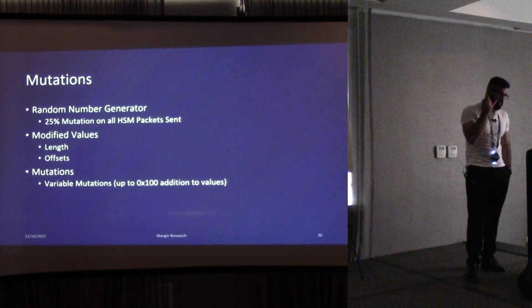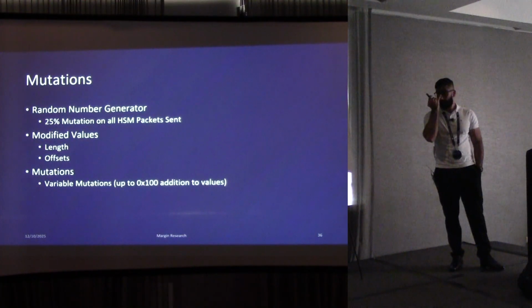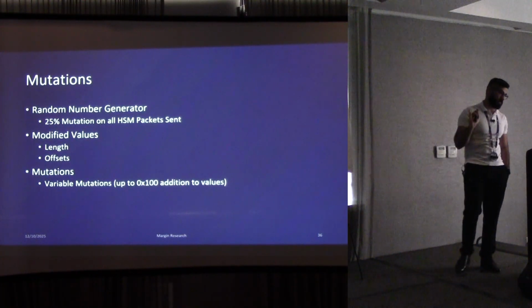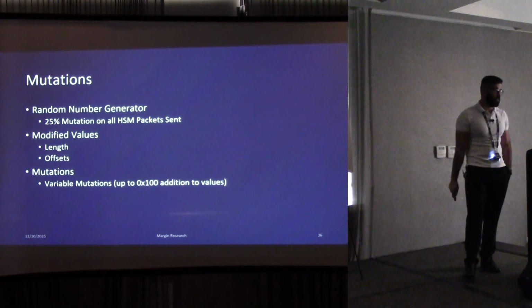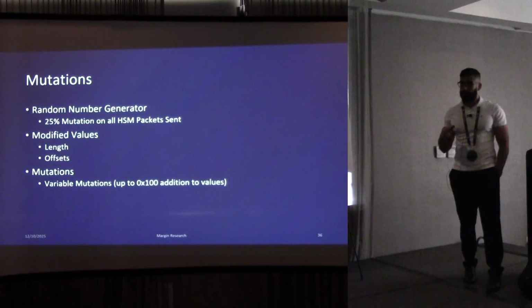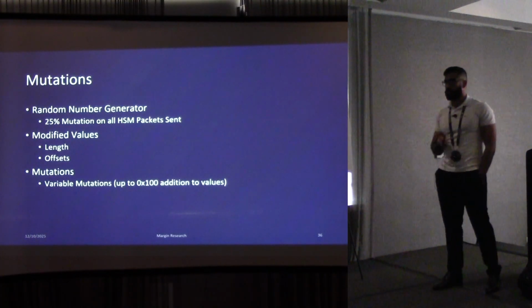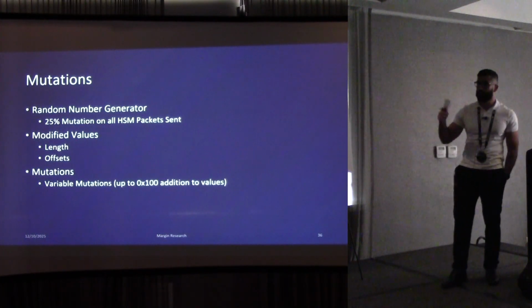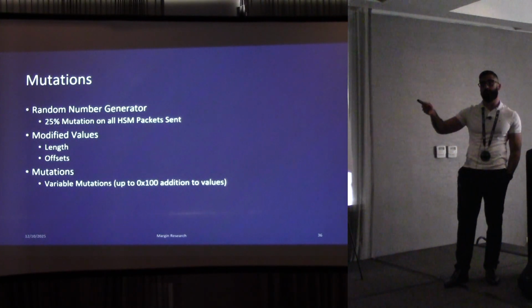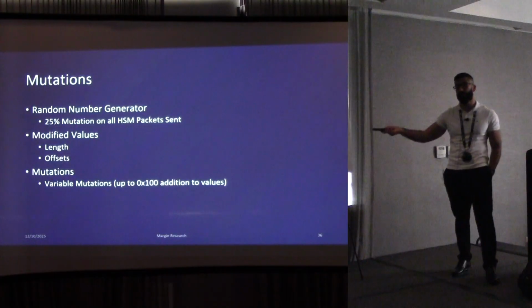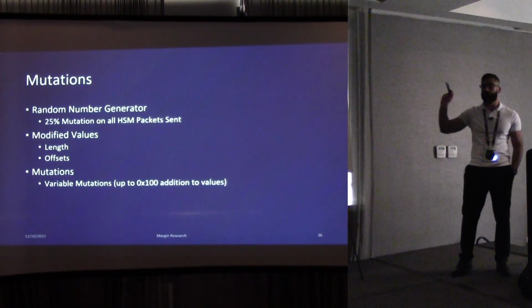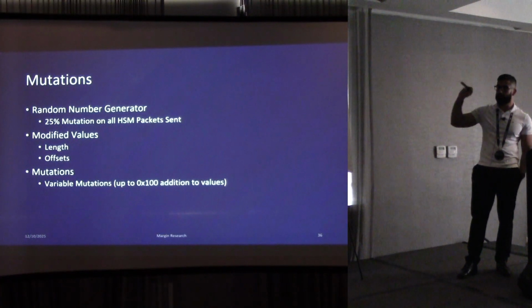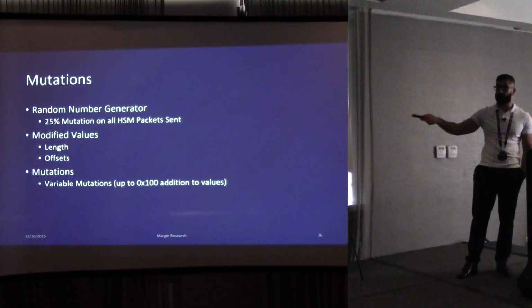Now, mutations. If you've done a lot of fuzzing, you can see where things can be messed up here. I mutated about 25% of the time. So I created a random number generator, and depending on how many arguments are being passed to the call, 25% of the time I would select a random one of those and add values to it.